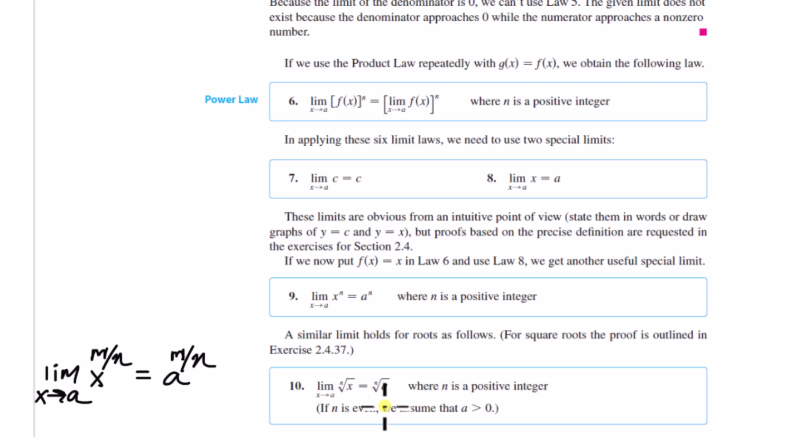Well, yes, but remember, this is the limit as x approaches a in general, which means we have to approach a from both sides. And so if a was 0, we couldn't approach a from below. As a one-sided limit, the limit as x approaches a from above, we could say in that case that this law holds with a being greater than or equal to 0.